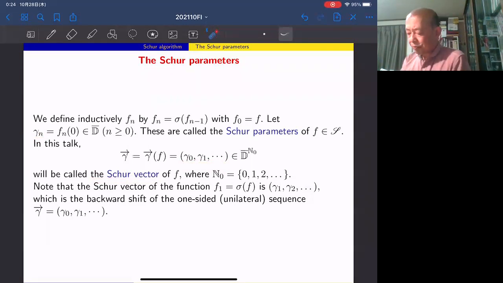Here we will use this notation, where N naught means the set of non-negative integers. Therefore, we have a sequence of points in the closed unit disk, like here.